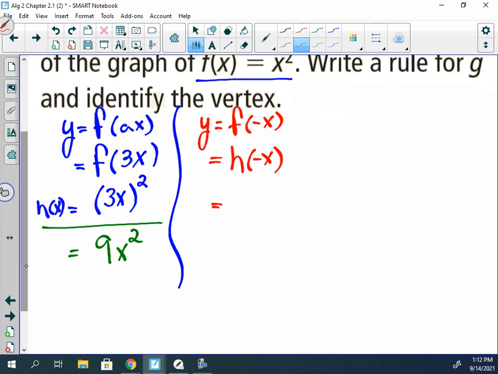So here we're replacing the x in h of x with negative x, so I need to replace it in every part. That would be 3 parentheses negative x, close parentheses, squared. Well, what is 3 times negative x? Well, negative 3x.